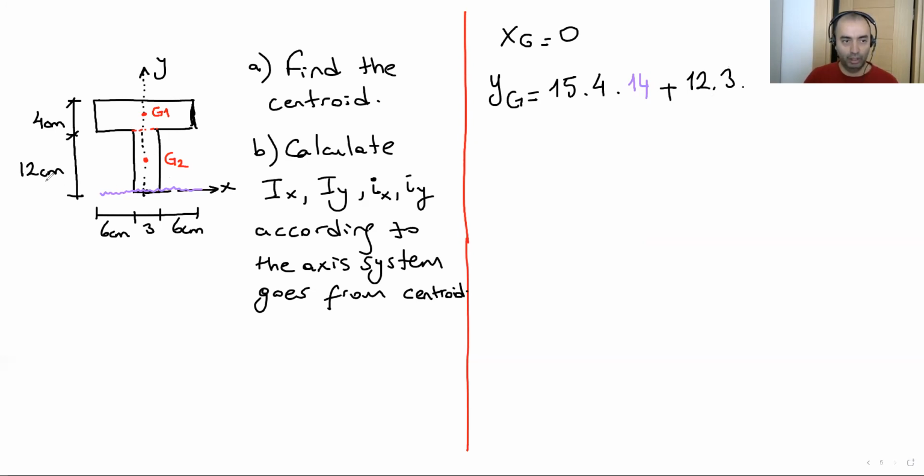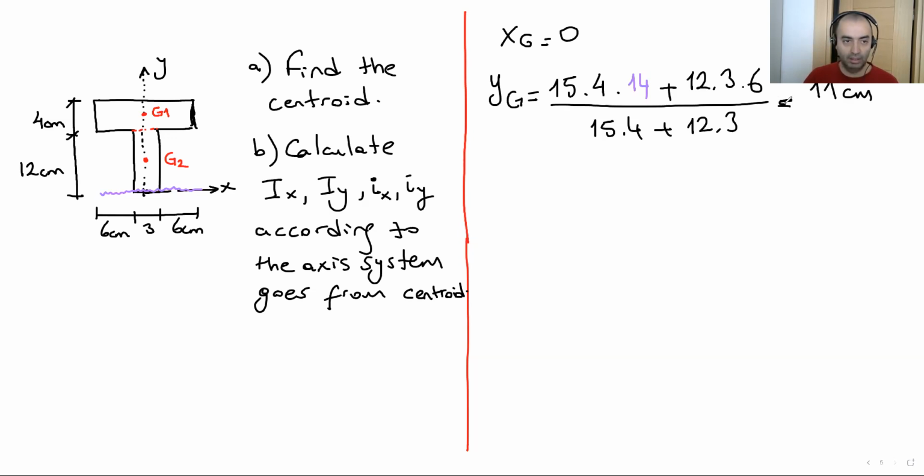Total is 12, half of it is 6. Over the total area, 15 times 4 plus 12 times 3. If you do this equation, you are going to get 11.